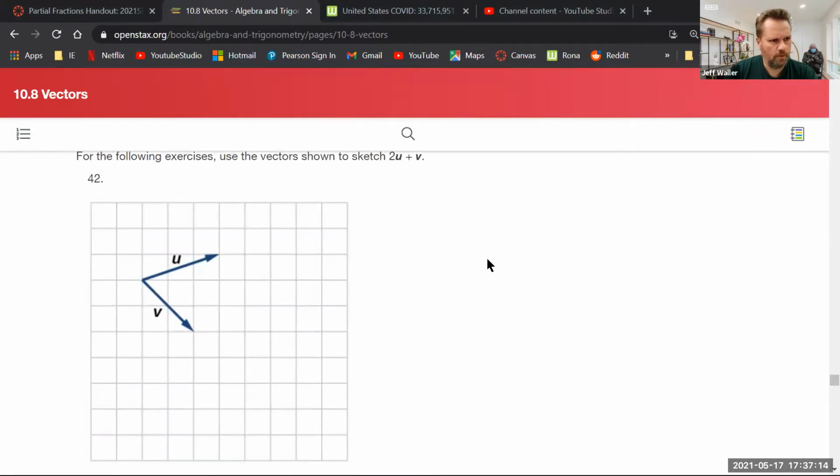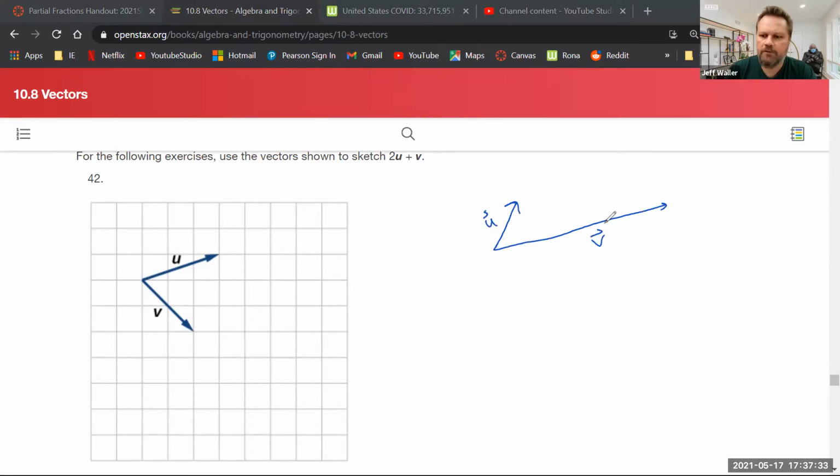Okay, so, all right. This is kind of nice that they gave us all this grid kind of stuff to do. So if I wanted to add a vector to another vector, I want to do it visually.